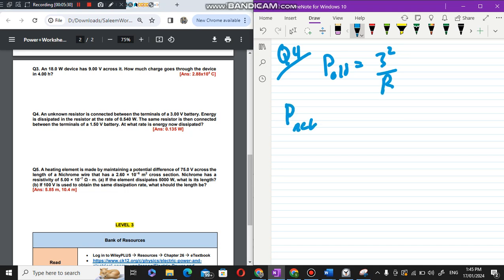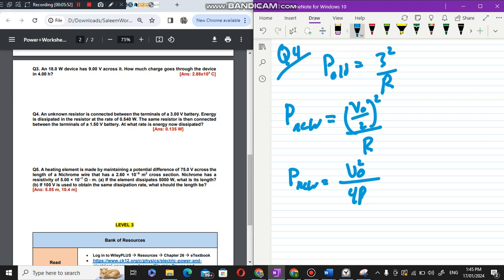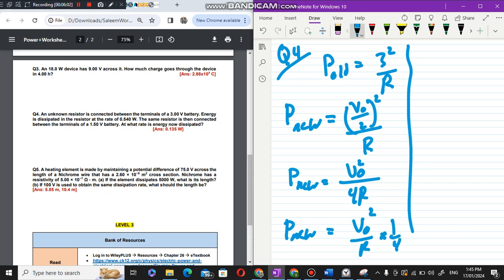Power new: now what happened to the voltage is that the voltage got divided by 2, so we can write it as V old over 2, all of it squared, divided by the unknown resistance R. So we get that power new is equal to V old squared over 4R, which means that power new is equal to V old squared over R multiplied by 1 over 4. So power new is actually equal to power old over 4.